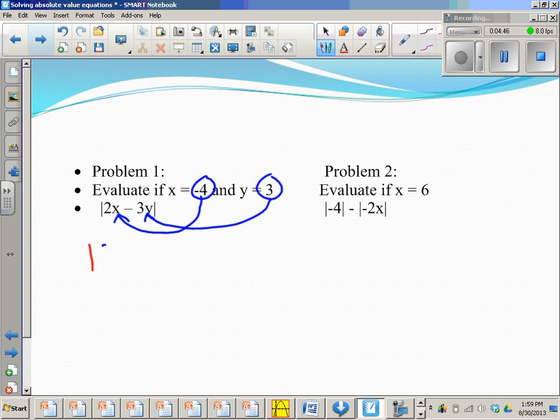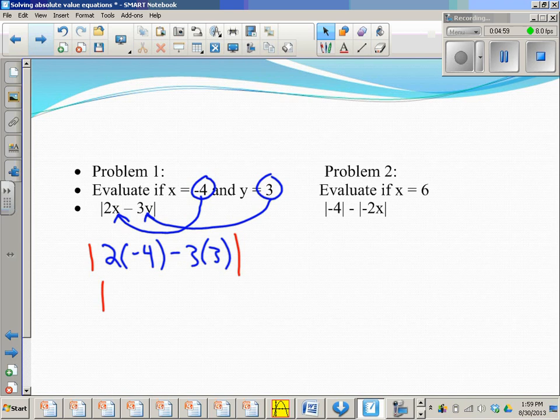Two times negative 4, subtract 3 times 3. 2 times negative 4 is negative 8. 3 times 3 is 9. Negative 8 subtract 9 is negative 17.